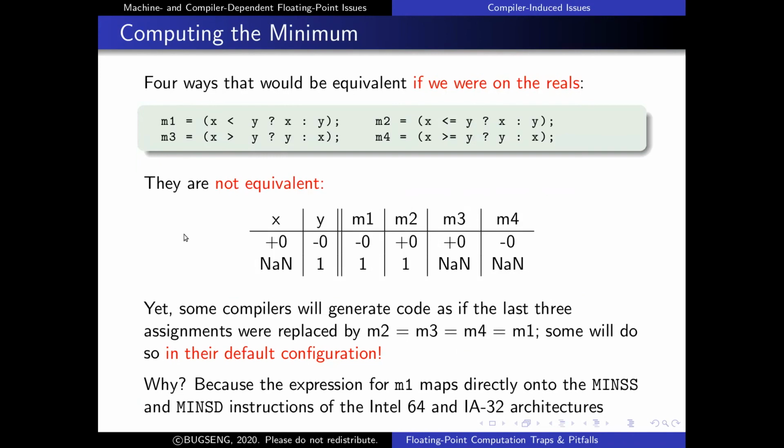And some will also do so in their default configuration, without any compiler options. For example, the Intel C compiler does this. Why does it do this? Because the expression for M1 maps directly into machine instructions in the major Intel architecture: minss for single precision and minsd for double precision.